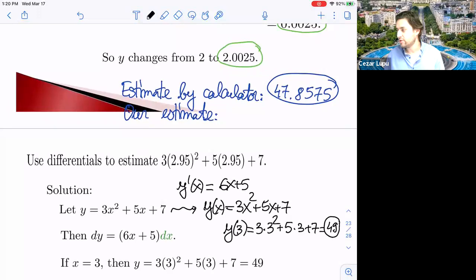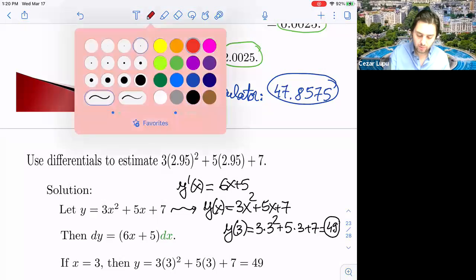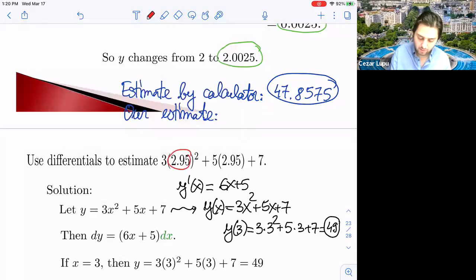And now the change, let's see, okay, here comes the question. How are we going to change x? Since we would like to estimate y of 2.95. So how are we going to change x? So keep in mind that we have this number here.